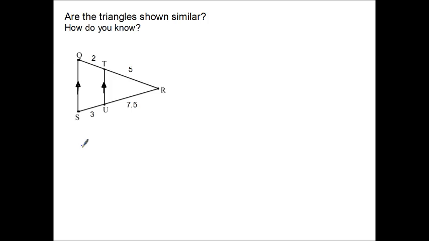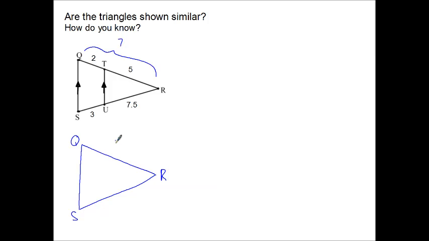We have two triangles. We have triangle QSR, which is the larger one, and QSR has side lengths that are given here, which are 7, and the lower one is 3 plus 7.5, in other words 10.5.